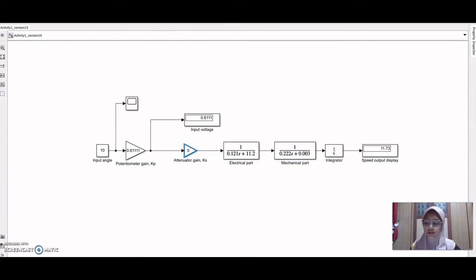So run the simulation and observe what happened to the display. Okay, at the input voltage display, it shows the value 6.111, and for the speed output display, it shows 0. Okay, this is because the attenuator gain block is set to 0.